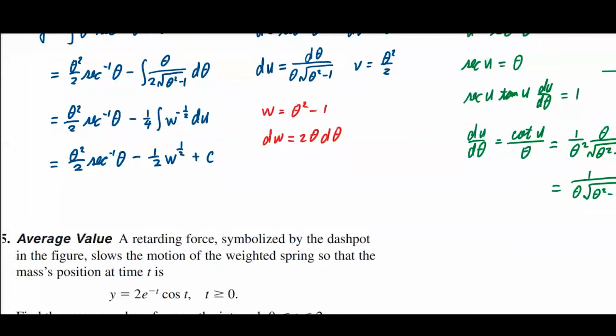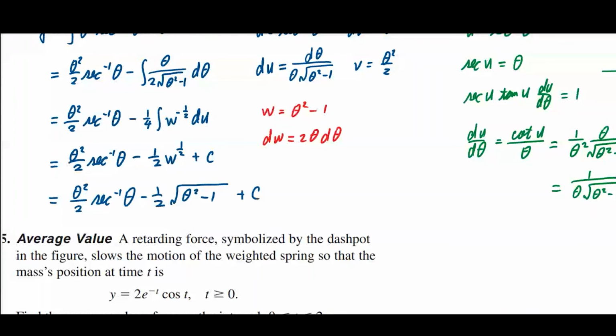Okay, now we have to bring W back. What was W? So we have theta squared over 2 inverse secant of theta minus 1/2, and W is this thing, theta squared minus 1 with a square root, 1/2 power, so theta squared minus 1.